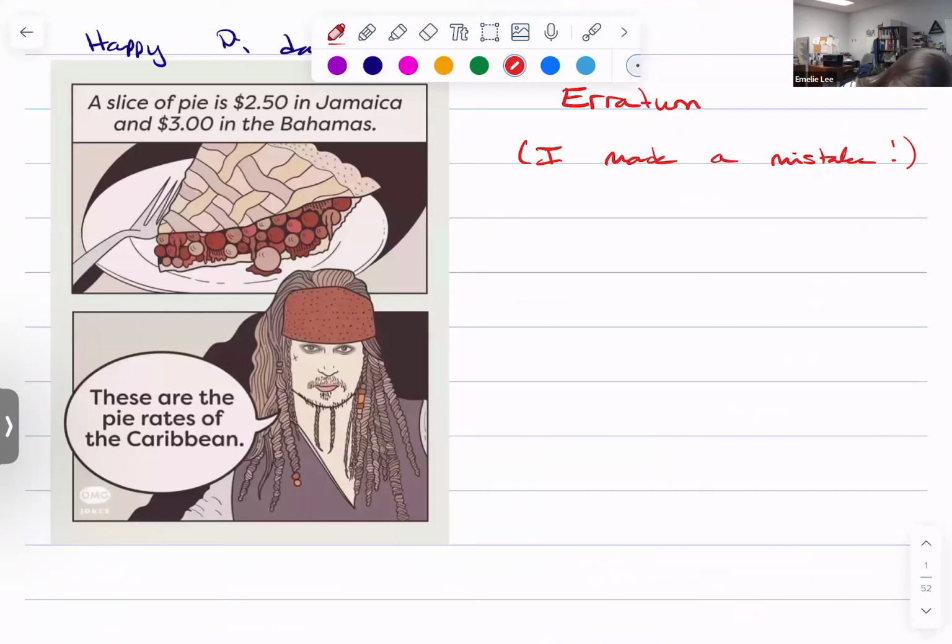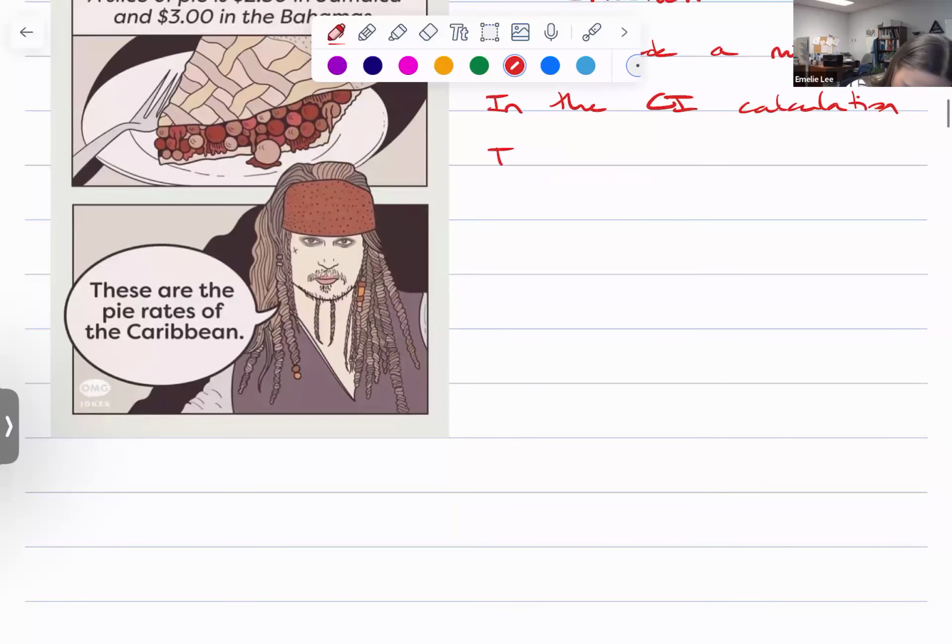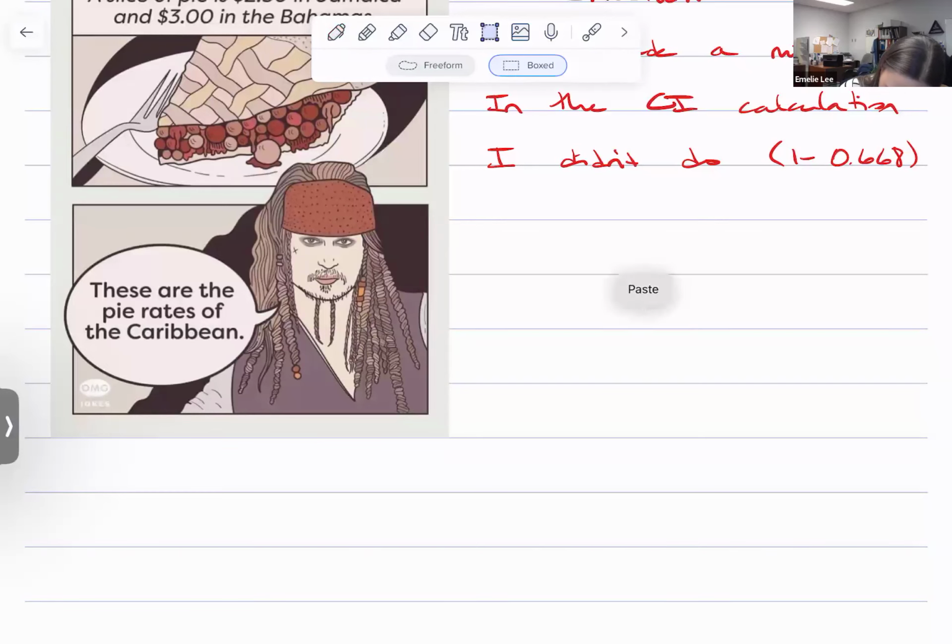But here, I'll just bring it in. In the confidence interval calculation, I didn't do 1 minus 0.668, I think it was.